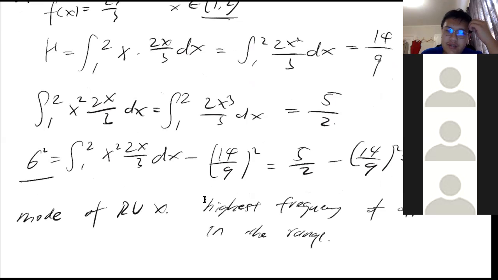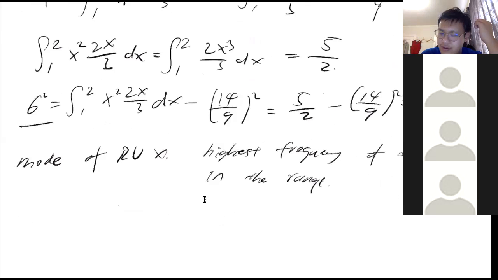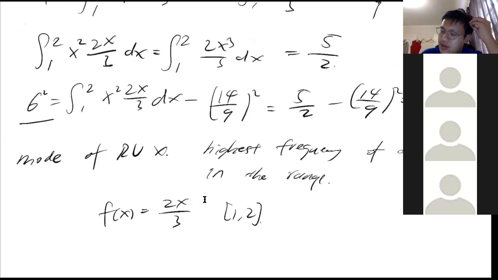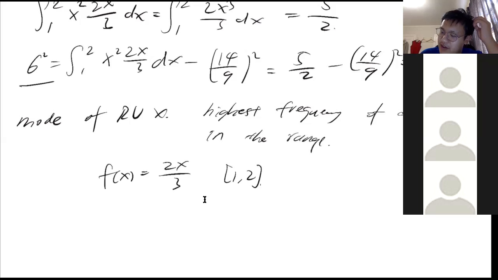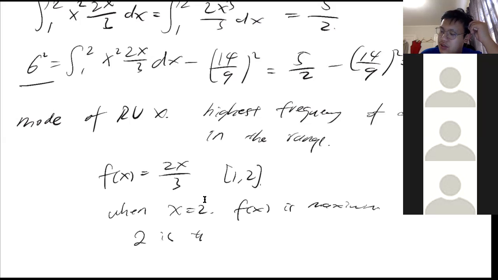For this problem, we're given that the PDF is 2x over 3 in the range of 1 to 2, and we know that the PDF is maximized when x equals 2. So 2 is the mode of this distribution.